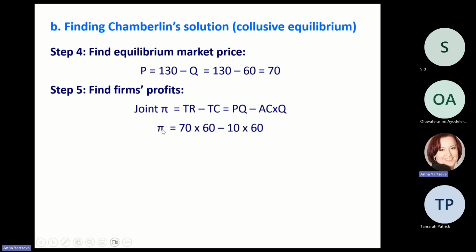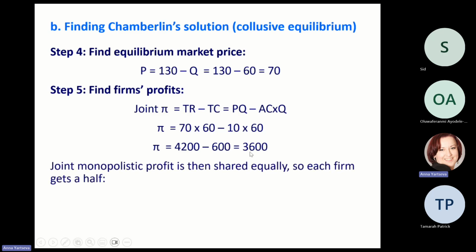We are talking about joint profit, industry level profit. Average cost per unit is 10 pounds. We are making 60 units, which means that our combined joint total revenue is 4,200. Total costs between two companies for all production is 600. So total profit is 3,600. And now we can share it equally, which means that each company will make 1,800 pounds profit.